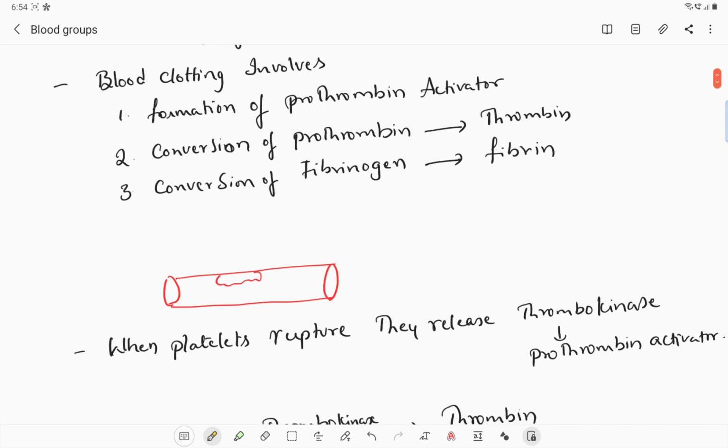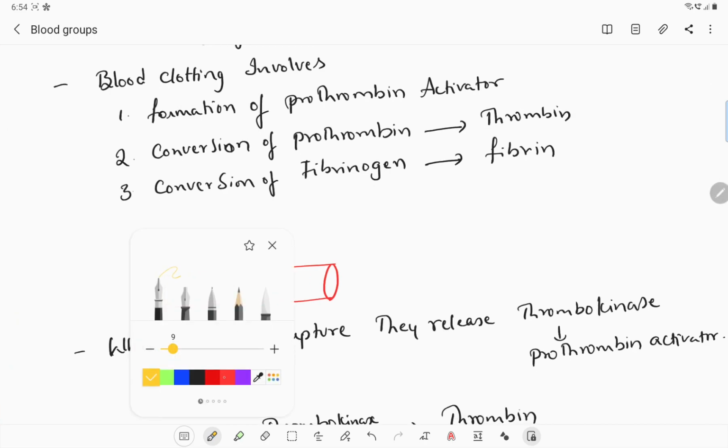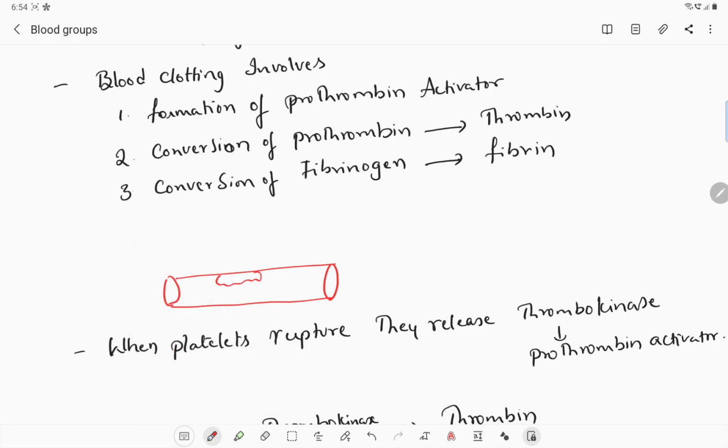So let us see, this is the blood vessel. When the blood vessel gets ruptured, what happens? The platelets are forming here and platelets are sealing the ruptured blood vessel like this. That means temporary stoppage of bleeding. Okay.